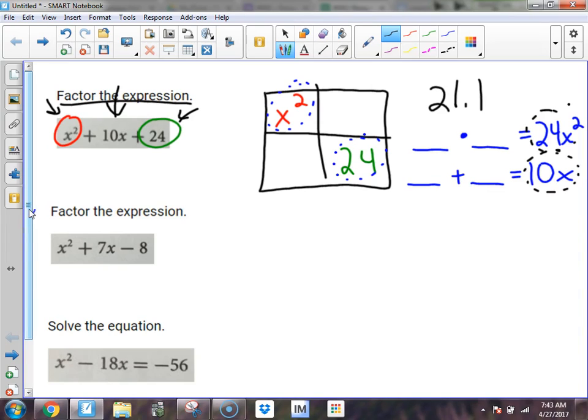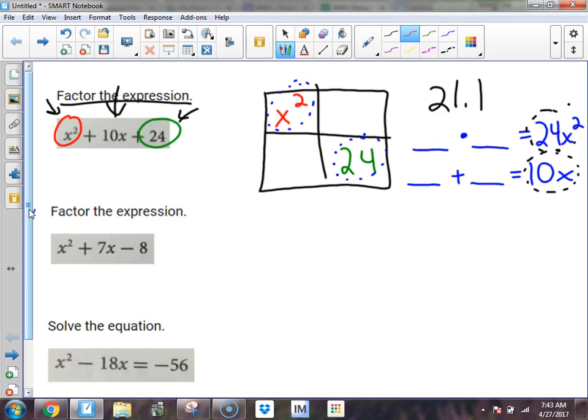What we're going to do is try to come up with 2 numbers that will multiply to 24x squared, that will add to 10x. Now, it helps to start with that one. Not to start with what 2 numbers will add to 10x, but think of numbers that multiply to 24x squared.